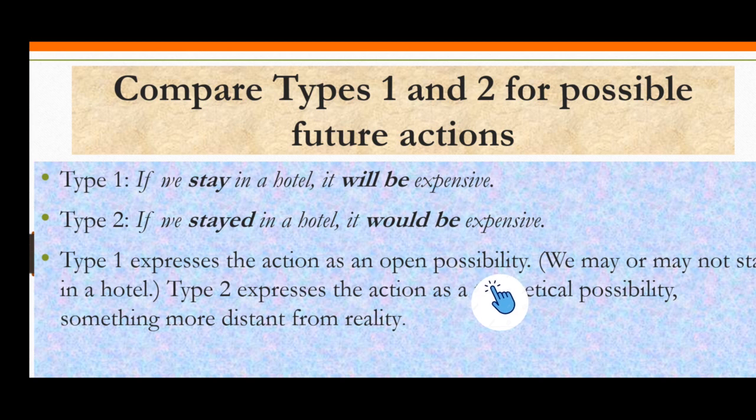Possibilities are open that if we stay in a hotel, it will be expensive. We may or may not stay in a hotel. Type 2 expresses the action as a theoretical possibility, something more distant from reality. So reality does not exist in type 2. We are away from reality.